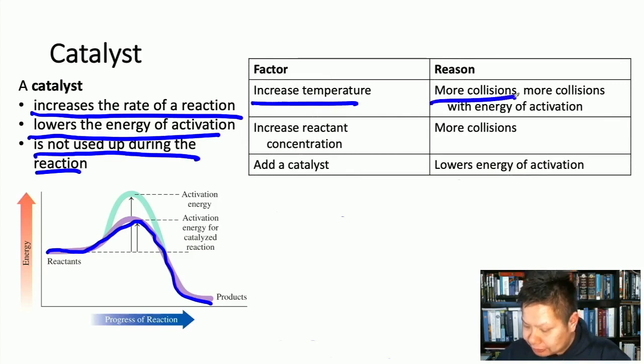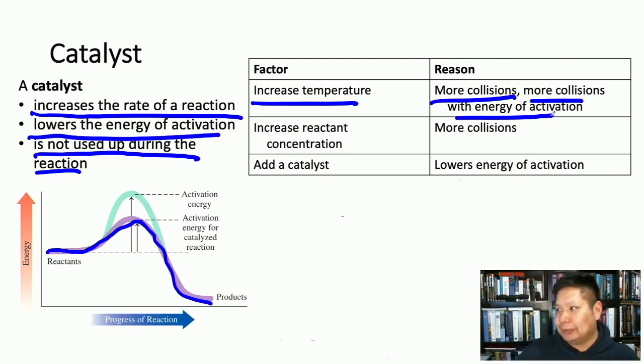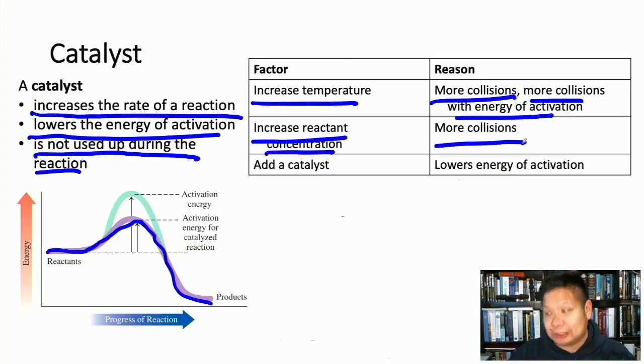That makes more collisions, and more energy to activate. But remember, the activation energy stays the same. Same thing with increasing the concentration of reactants: more collisions, but the activation energy stays the same.